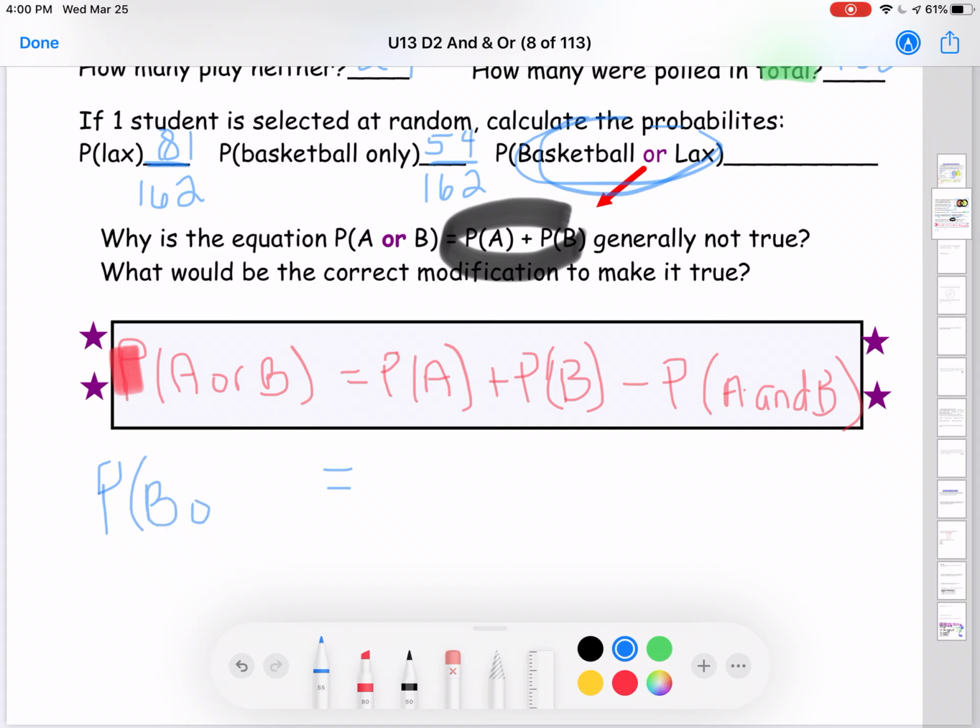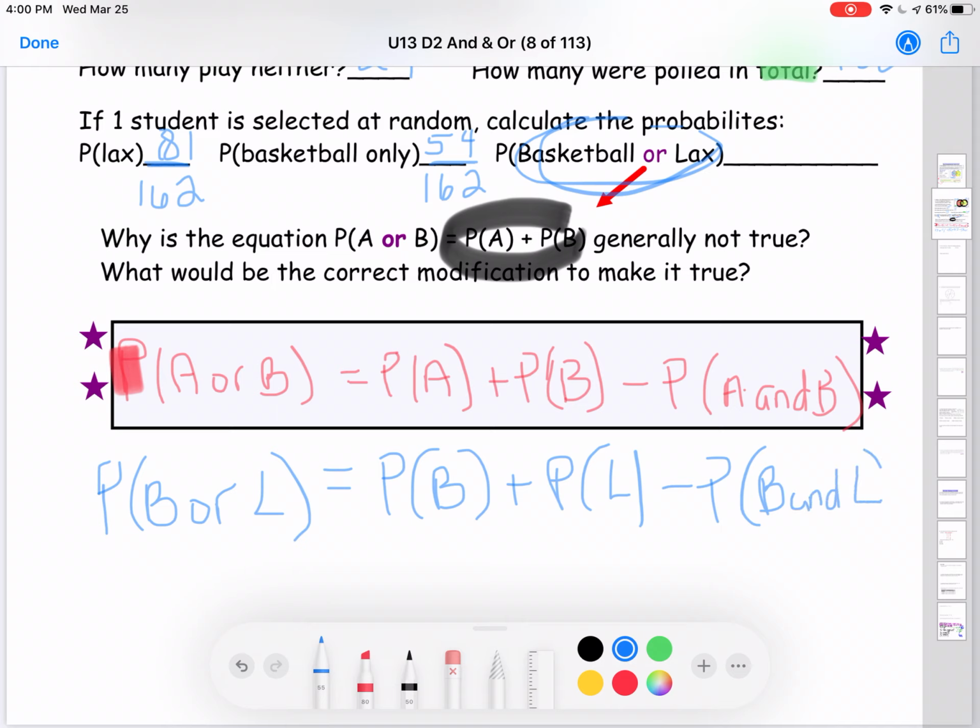of basketball or lacrosse. So it'll be the probability of basketball plus the probability of lacrosse minus the probability of basketball and lacrosse. Okay, so probability of basketball is 72 over 162.